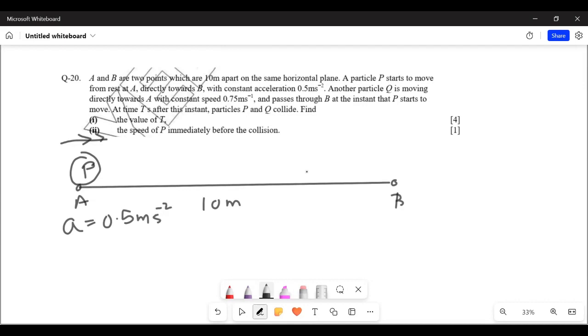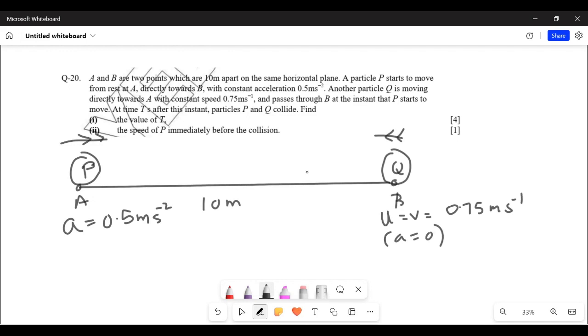Another particle Q is moving directly towards A. So now it's moving in the opposite direction. So Q is moving here with a constant speed. Its speed is constant. So U and V, they're both the same, which is 0.75 meters per second. So in this one, acceleration is 0 since the speed is constant.